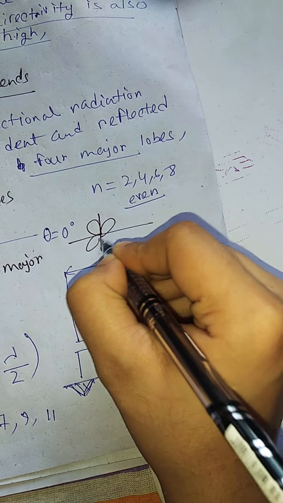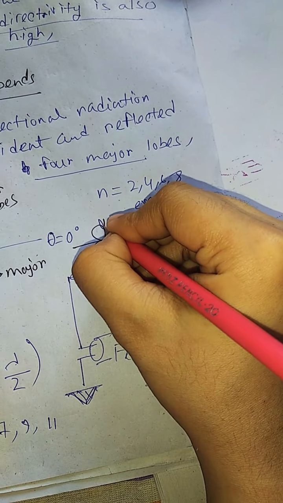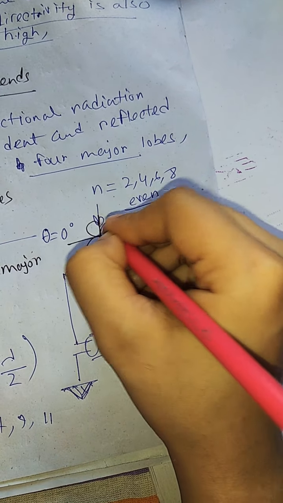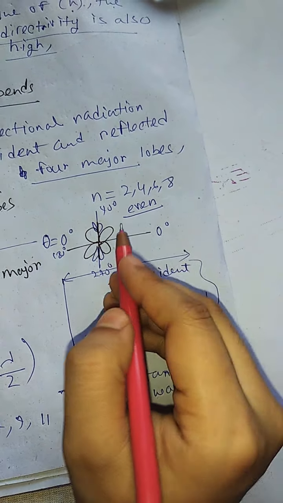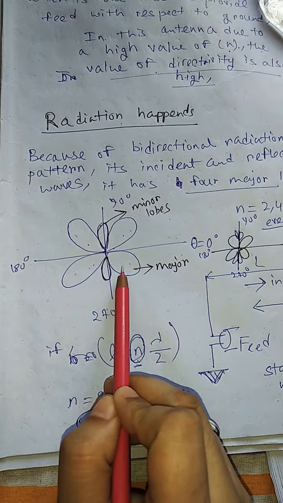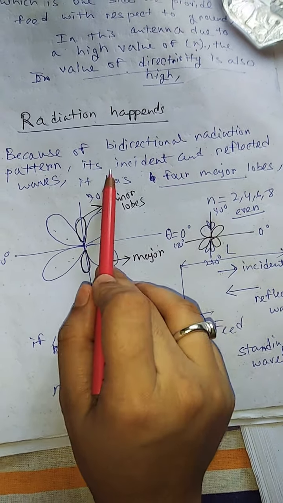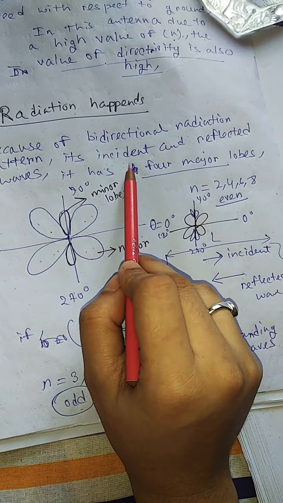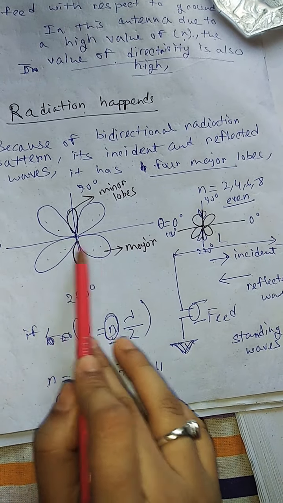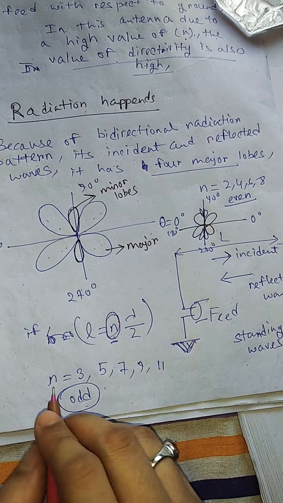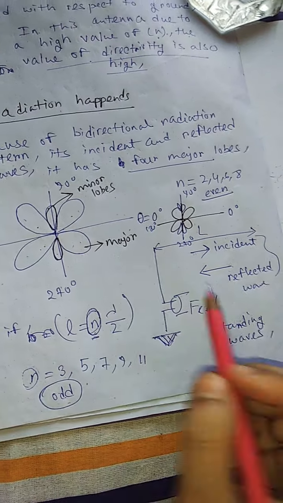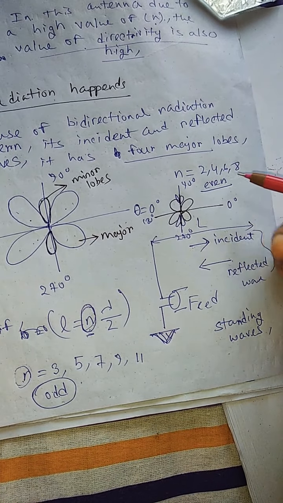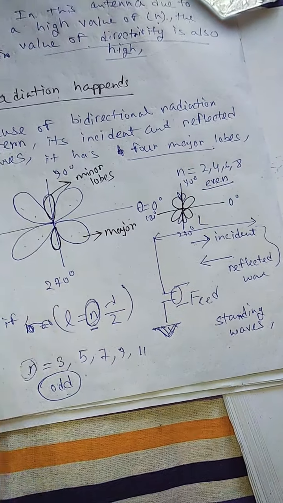So it has 4 major lobes because of bidirectional radiation, which happens because of incident and reflected waves, but minor lobes depend upon the value of n: 2 minor lobes if n is odd, and 4 minor lobes if n is even.